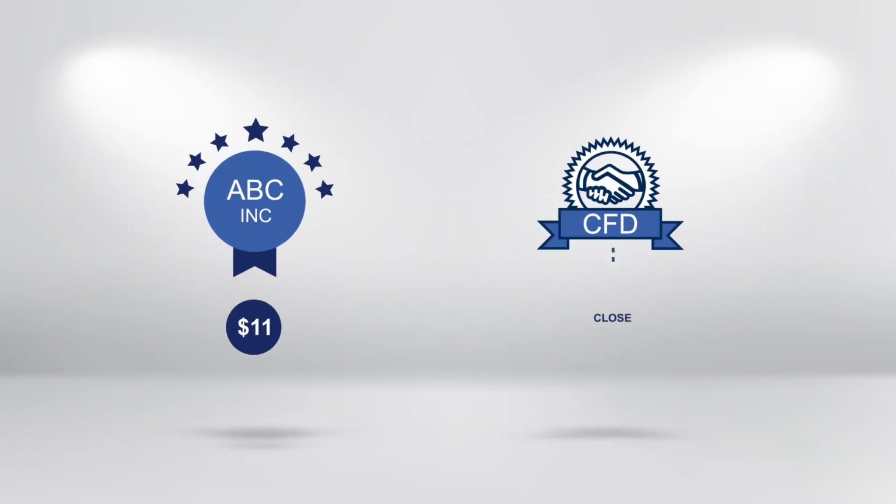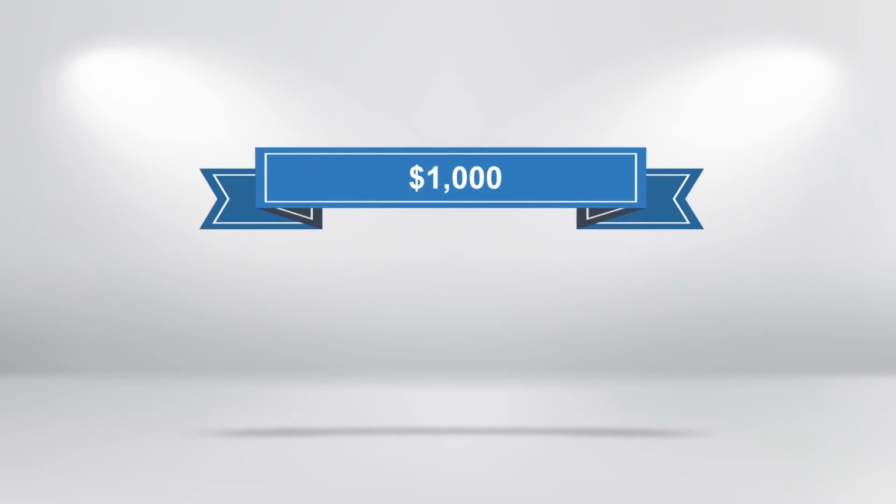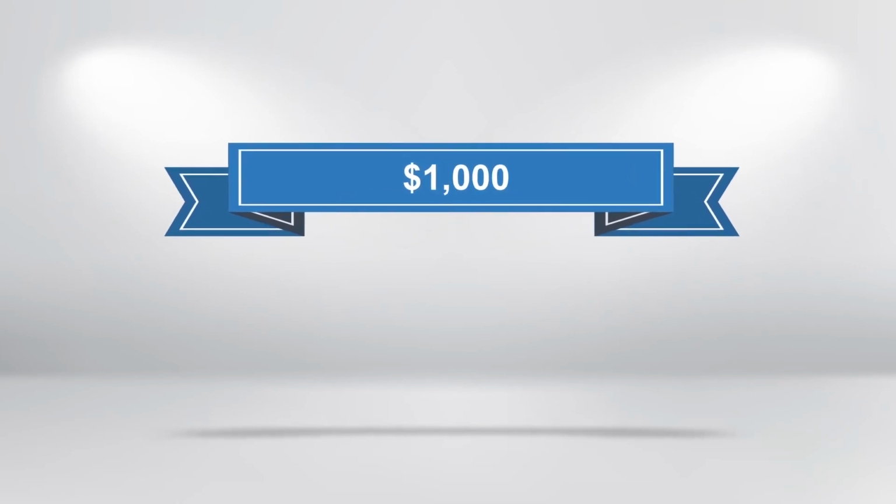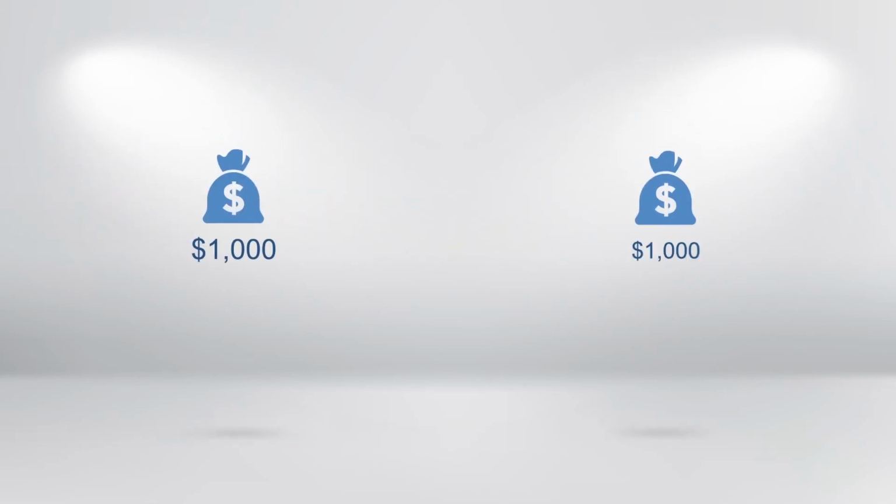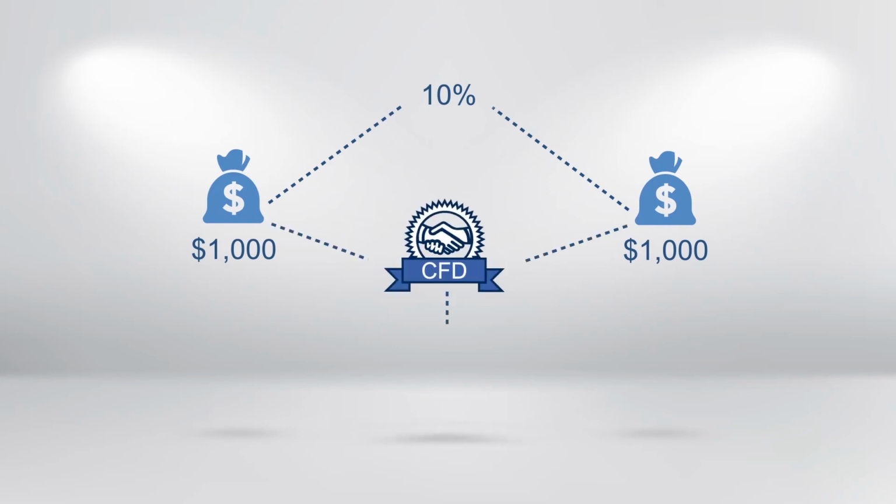As the shares went up to $11, you closed the CFD position and, just like the stock trade, you make a $1,000 profit. But there's a key difference. You invested $1,000 and made $1,000. Therefore, instead of a 10% return on investment, the CFD would give you a 100% profit.